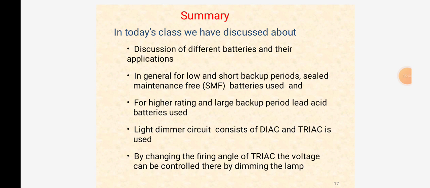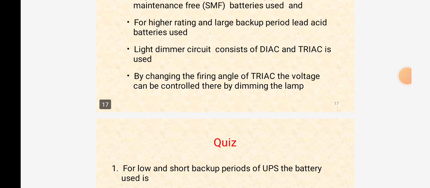Also a light dimmer circuit consisting of DIAC and TRIAC is used by changing the firing angle of the TRIAC. The voltage can be controlled, thereby dimming the lamp, and we also discussed the emergency lamp circuit using SCR.